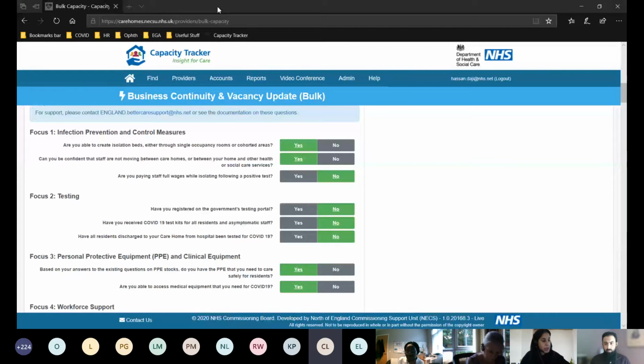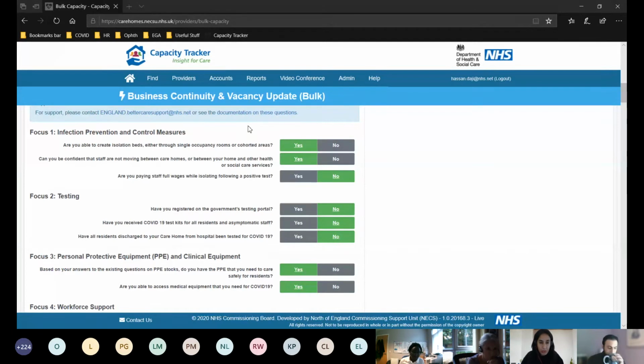We recognise that there's two tools in London at the moment: Market Insight Tool, which has been commissioned by London ADAS, and the Capacity Tracker tool. In line with the national guidance, every care home provider has to input into Capacity Tracker, and this is the information being used nationally and is linked to the Infection Control Fund.